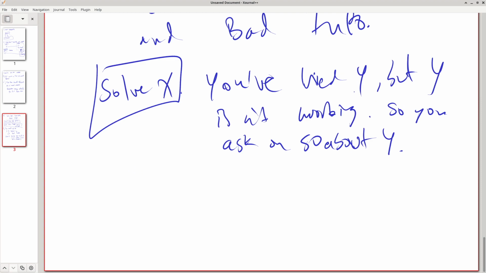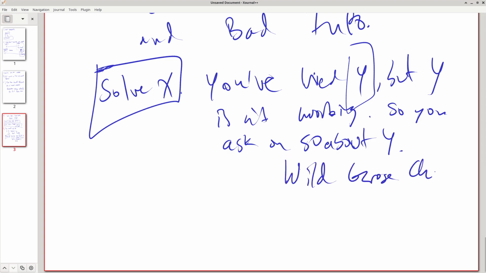Sometimes your Y carries hidden assumptions that are wrong, or maybe there's a really simple explanation for X that you were unaware of, and that's totally fine. Be careful of this problem, because getting on wild goose chases is disastrous. We've all been there.